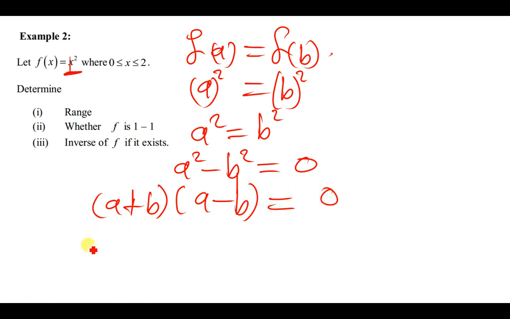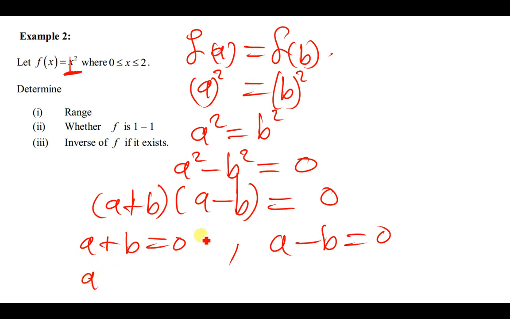So when you equate a plus b to 0, we're going to get that. Then when you equate a minus b to 0, we'll also get that. So for a plus b, we take b to the other side of the equal sign. This will be a is equal to negative b. And then this one will be a is equal to positive b. So you can see that these two are different expressions.